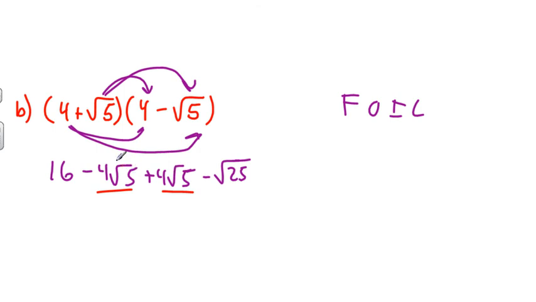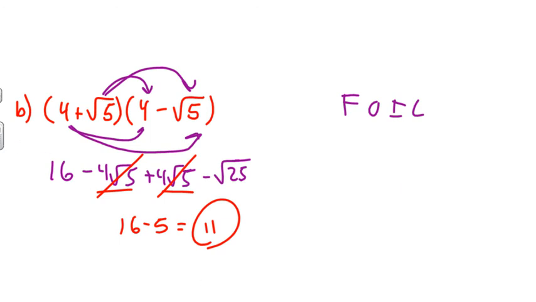This is kind of like saying negative 4x plus 4x. Just think of this as some kind of variable. So negative 4 plus 4, those cancel out. So I'm left with just 16 minus 5, right? Because square root of 25 is just 5. And so we just get 11 then. That's the way that one works.